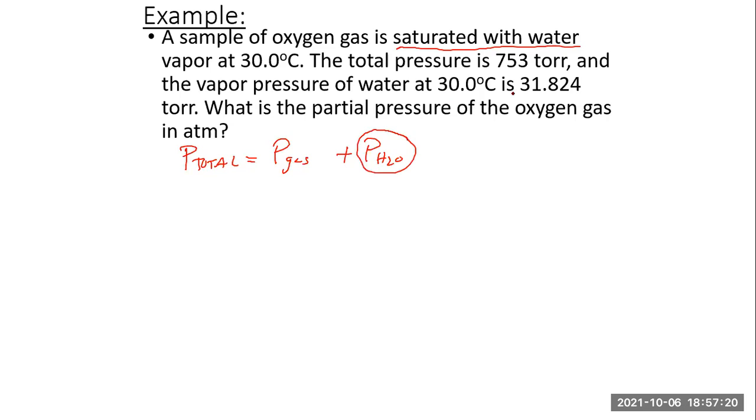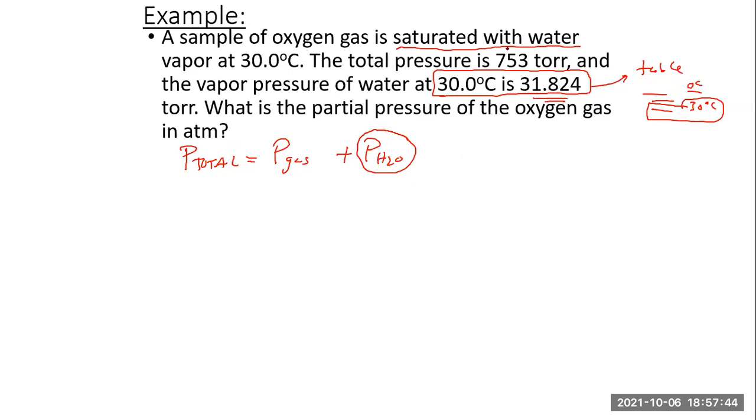But in this particular case, they were nice enough to give me that value. This value would normally be found in a table based on the temperature. You would go to the table and look up 30 degrees Celsius.